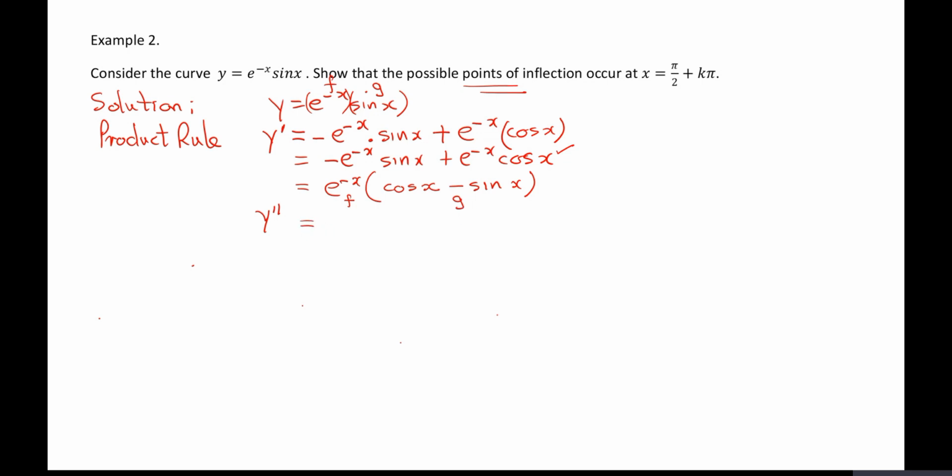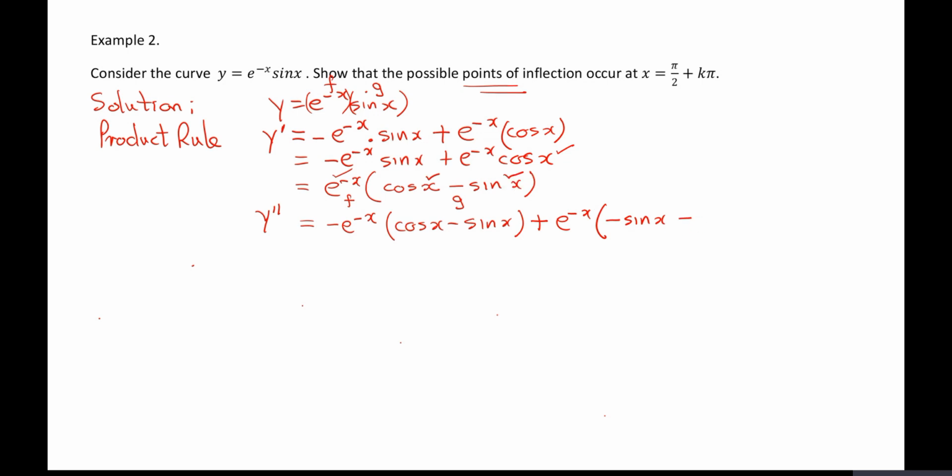So working that out using the product rule, let me find the derivative of e to the minus x first. That's minus e to the minus x. Differentiate the first one, leave the second one, plus now you leave the first and you differentiate. What's the derivative of cos? Minus sine.